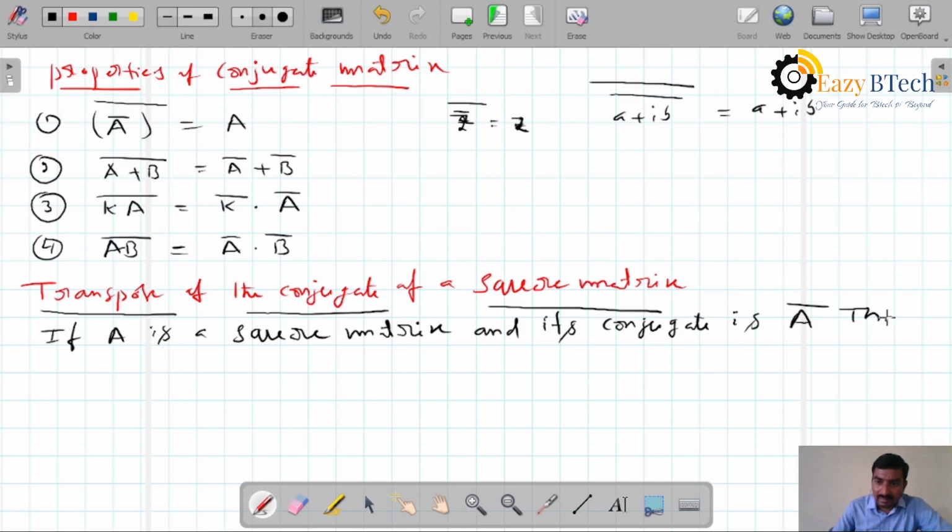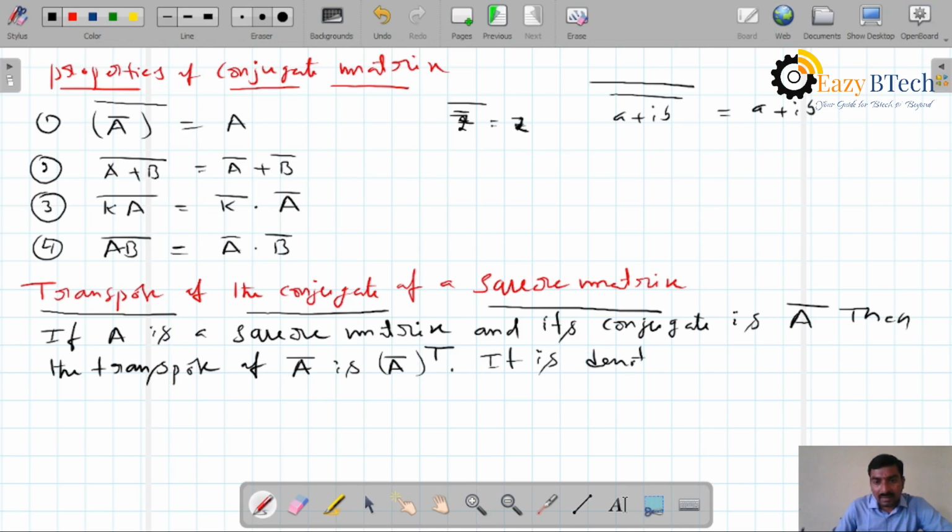Then the transpose of this conjugate matrix A bar is A conjugate whole transpose. It is denoted by A power theta.